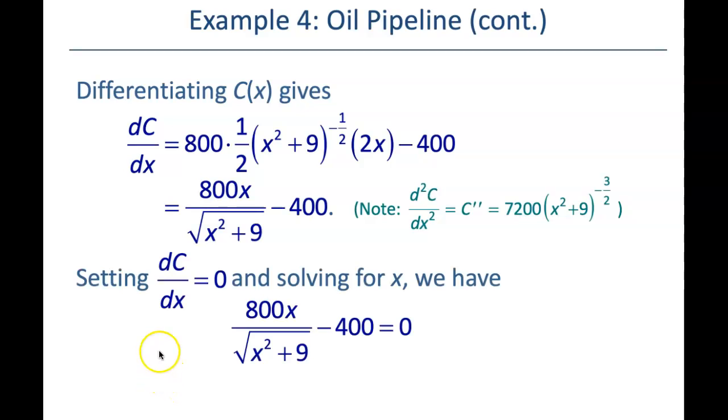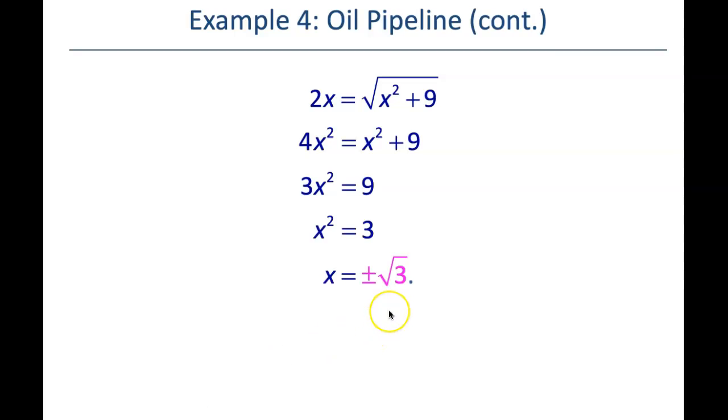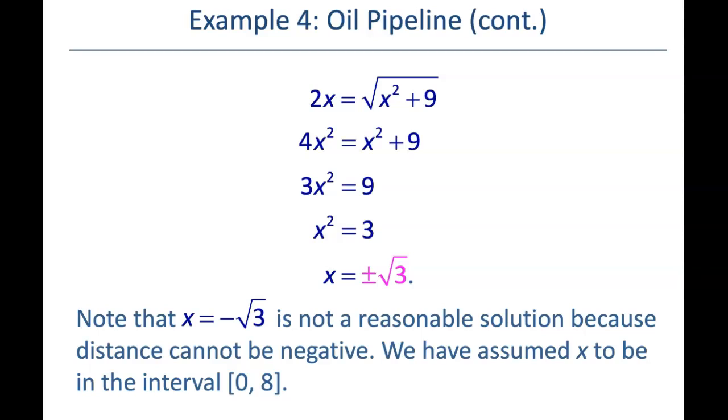All right, so we set the first derivative equal to 0, and yada yada yada, mathy, and we get x is plus or minus the square root of 3. So obviously the negative distance right there doesn't mean anything for this particular situation, so we're just looking at positive root 3.